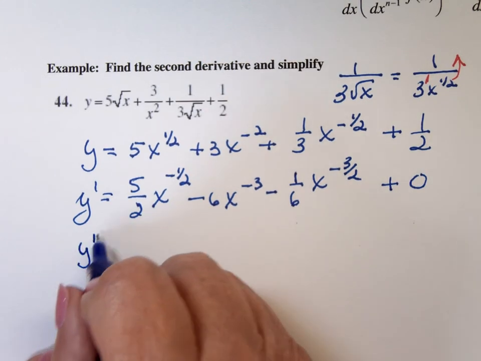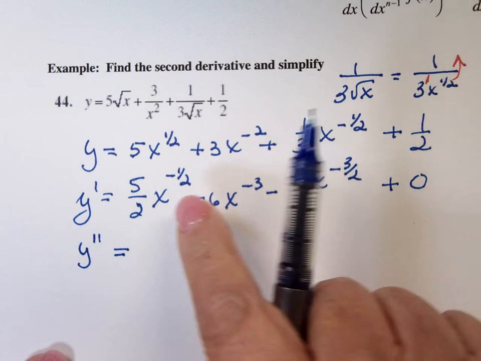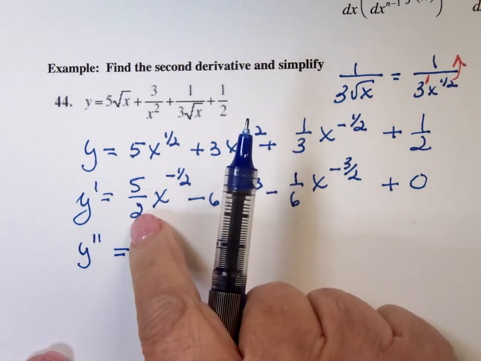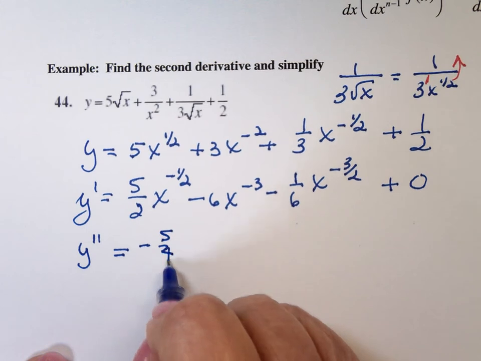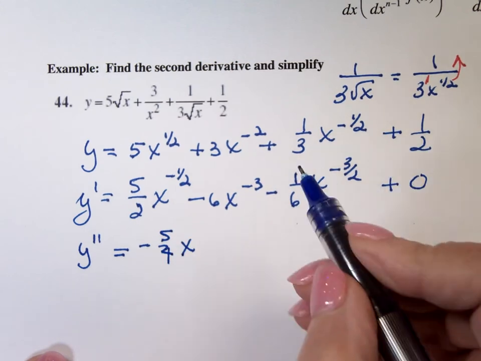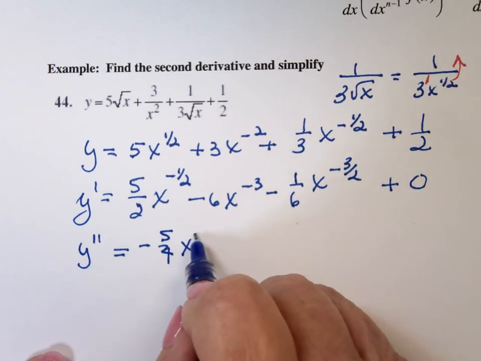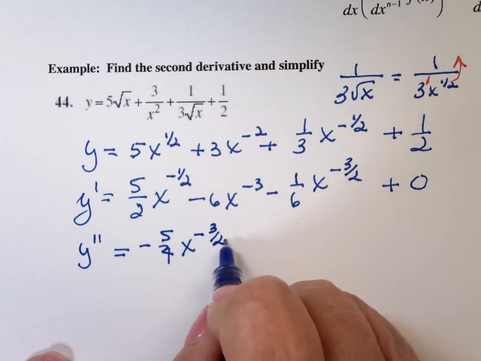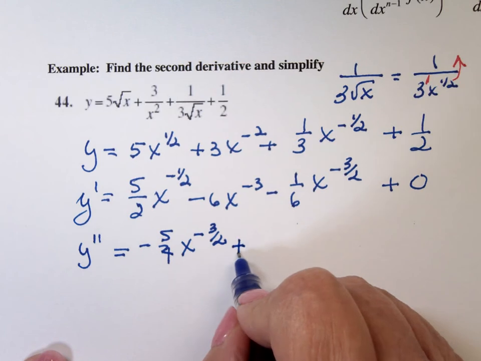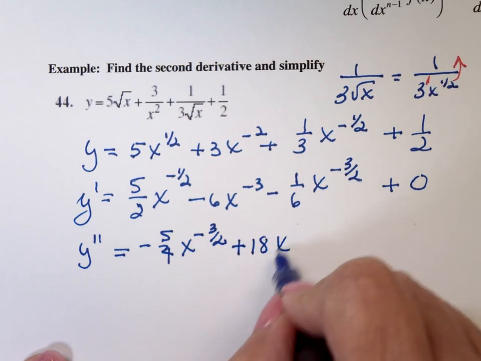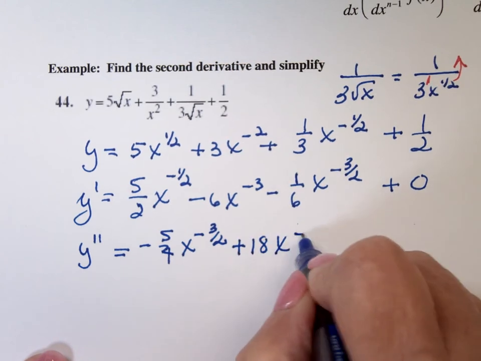Second derivative: negative 1/2 times 5 halves, well, that's negative 5/4, x to the 1/2, negative 1/2 minus 1, negative 3 halves. Negative 3 times negative 6, positive 18x to the negative 3 minus 1, negative 4.